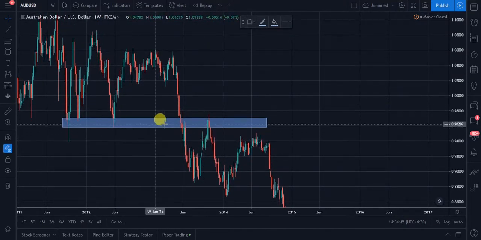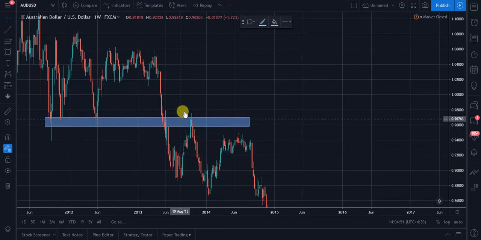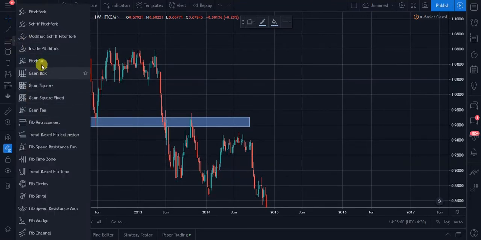So this is our very important zone. But here we also have a bearish candlestick, some candlestick patterns, and also you have a retracement.